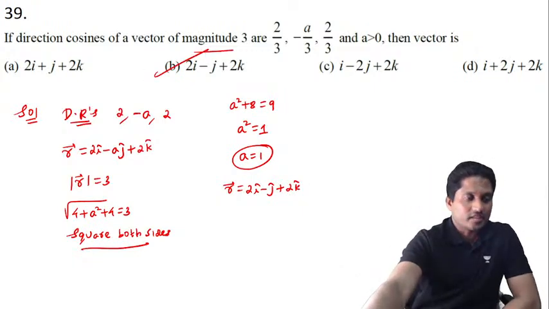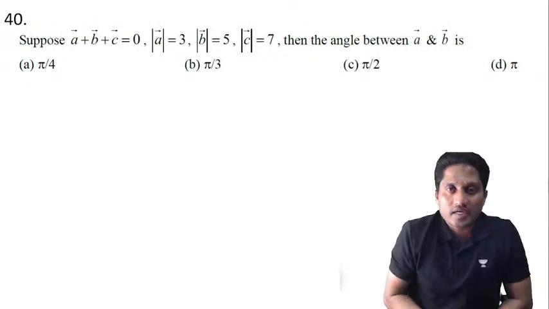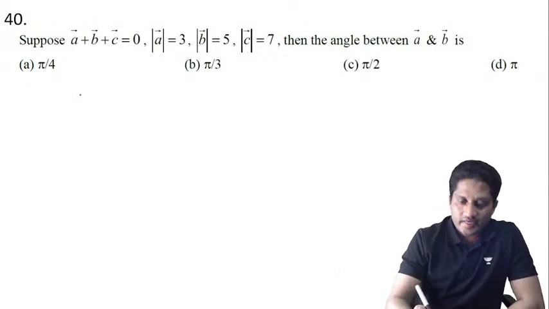Right, let's move to the next question. Question number 40. Suppose a plus b plus c is 0. What's the angle between a and b? I can write this as a plus b is equal to minus c.